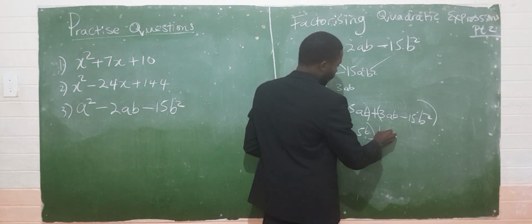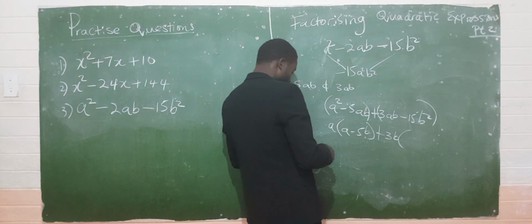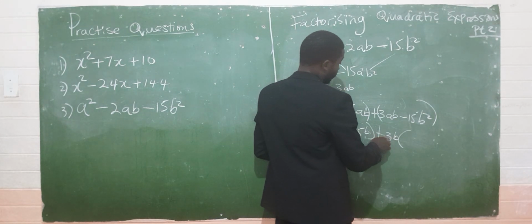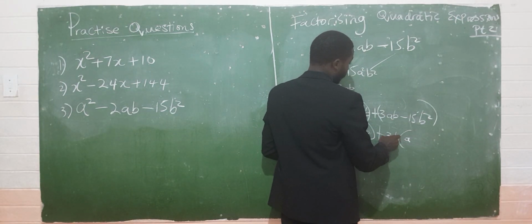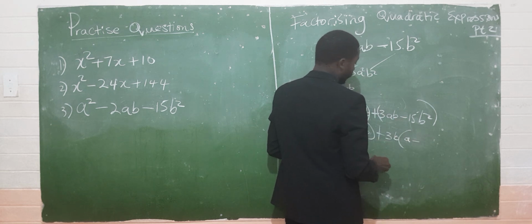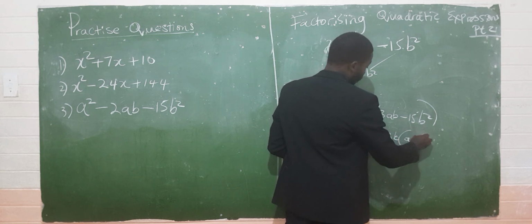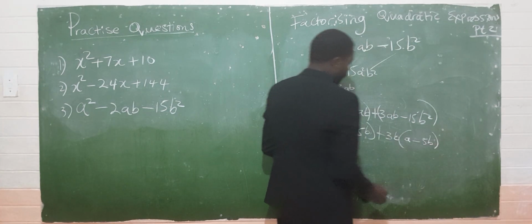And what's common there? It's going to be 3, of course, and b. I take it out, and 3b into that. You realize that a is going to remain, and 3b into that is going to be, of course, a negative, because positive and negative, it's a negative, and that should be able to give me a 5b.